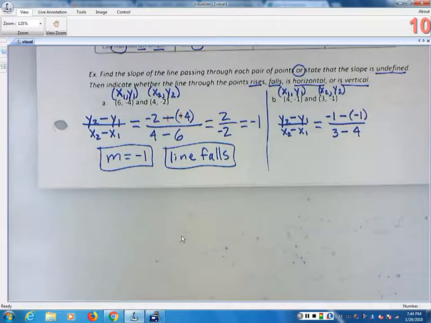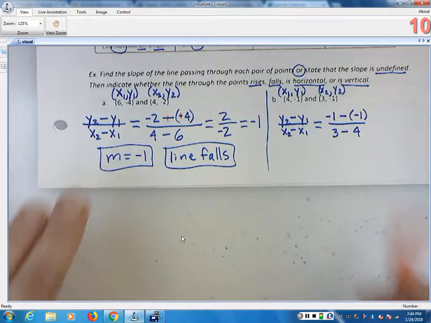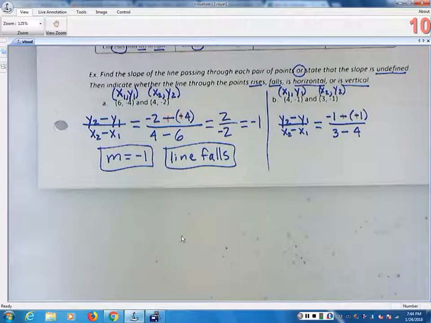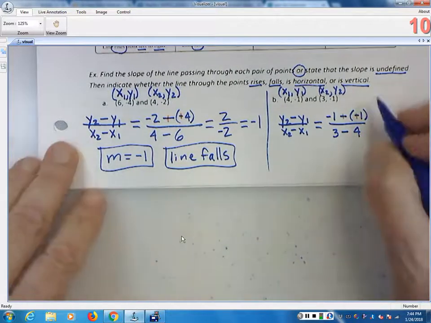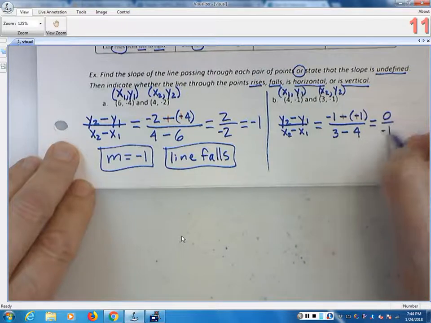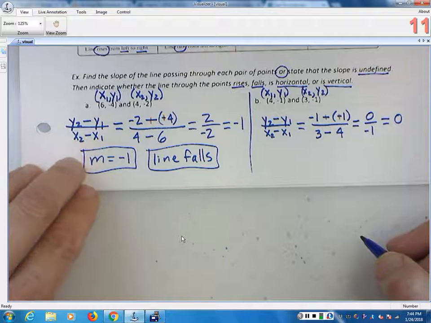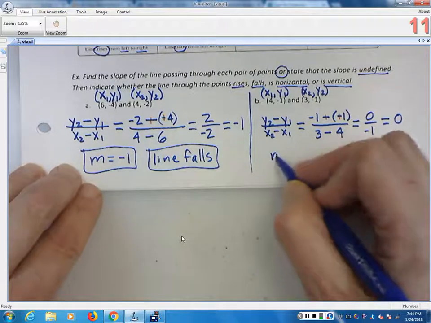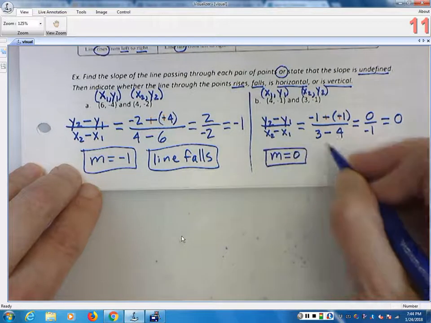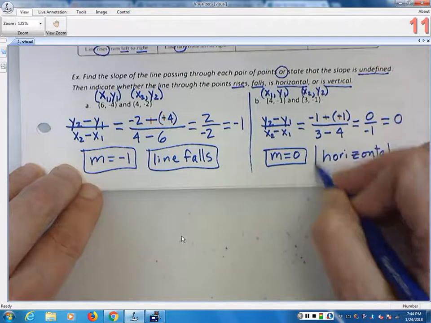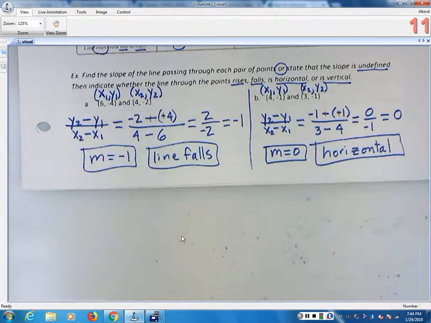And then that's minus and negative is plus. Okay. And minus 1 plus 1 is 0. And 0 over anything is 0, except over itself. So the slope is 0. So it's a horizontal line. So we have to make sure we answer all the questions asked too. Okay, so that's slope.